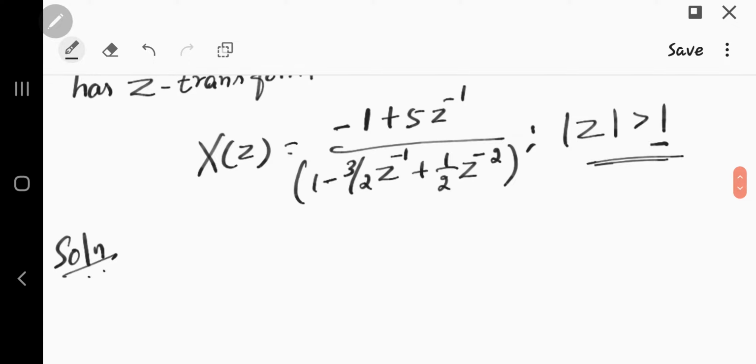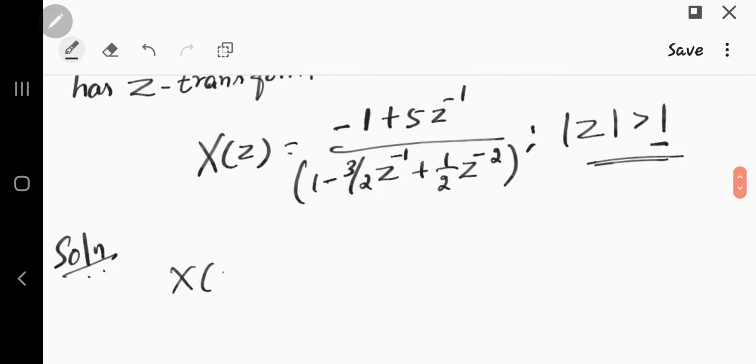Now looking at this x of z, we have z inverse in the numerator, and below we have z to the power of minus 2. Now if you multiply both numerator and denominator with the highest power, z square, you will get z here and you will get z square here. That means the power of the numerator is less than the denominator.